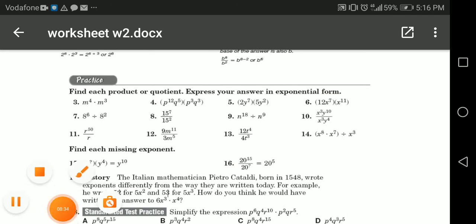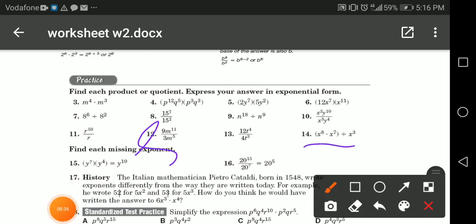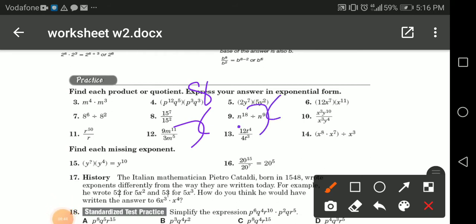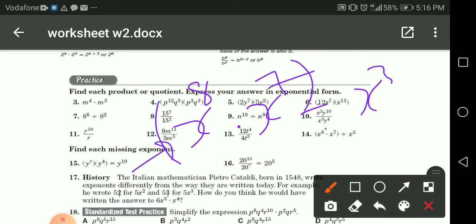For this one: x to the 8th power multiplied by x to the 7th power, divided by x to the third power. I will solve the multiplication first.